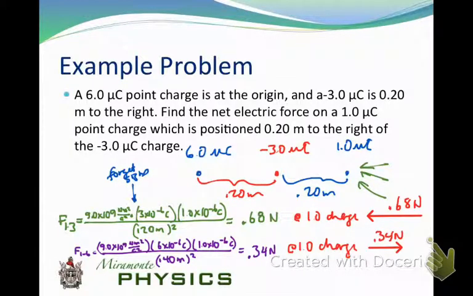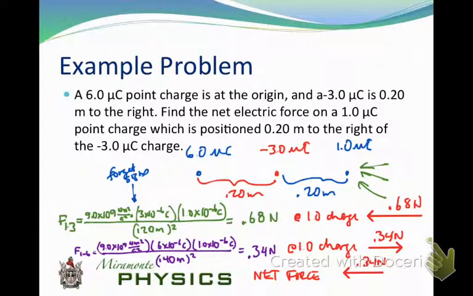Now I add those two vectors together. The good news is they're one-dimensional vectors. So you're just going to get 0.68, subtract 0.34, and the net force is going to be 0.34 to the left. And that's how you would answer the question. You'd say the net force is 0.34 newtons to the left.